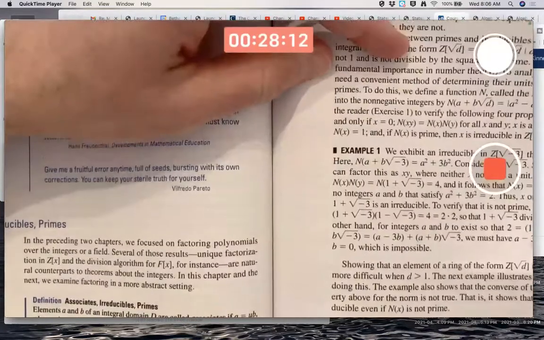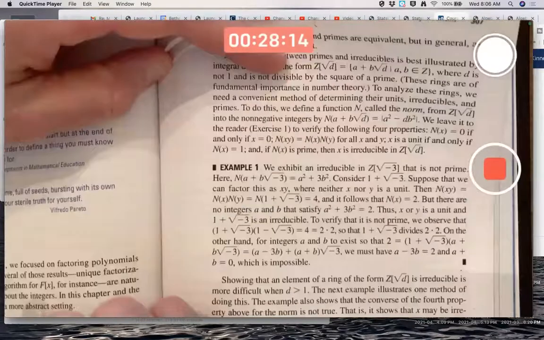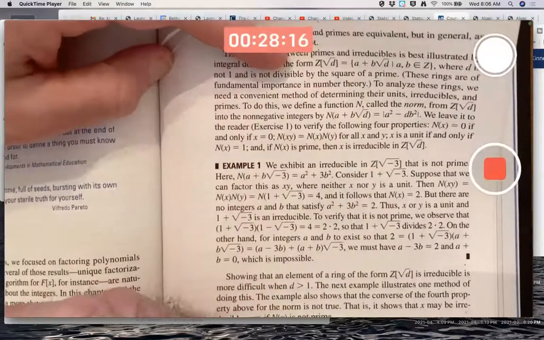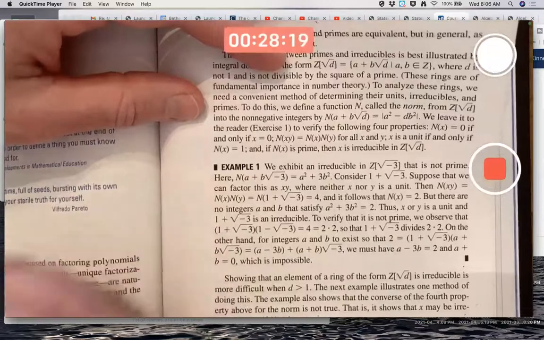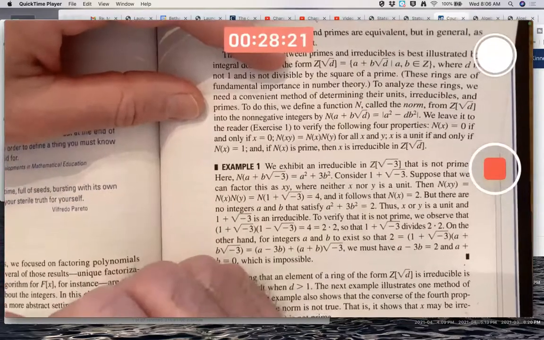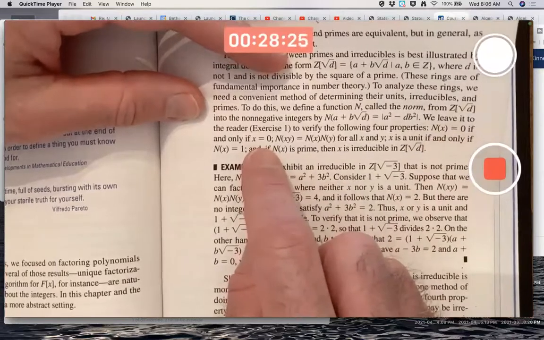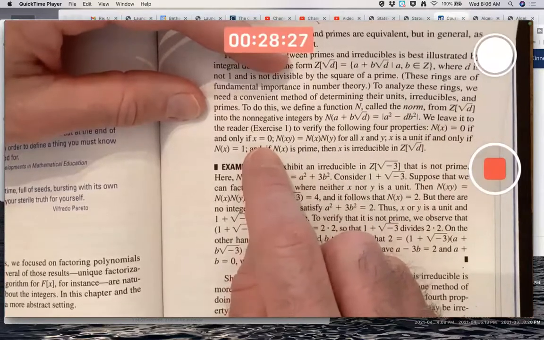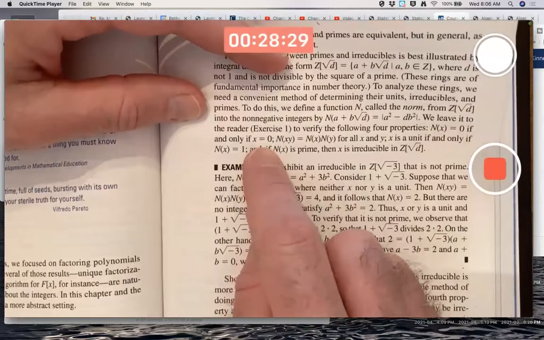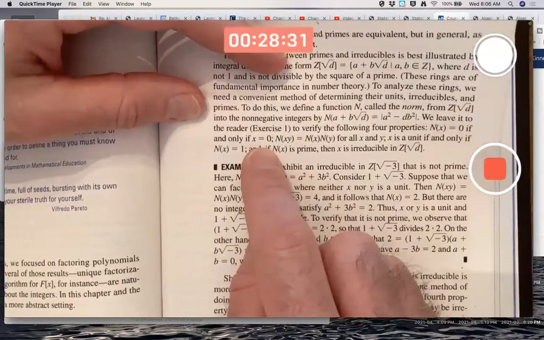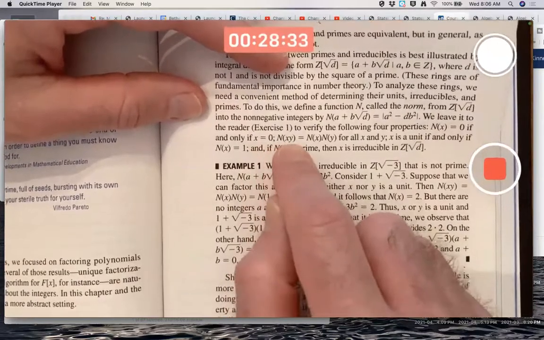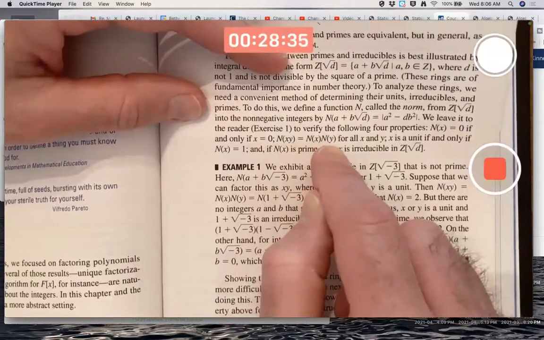This norm function has properties that are key to using it to prove things. One property is that it equals 0 if and only if the element is the number 0, if and only if a and b are both 0. N of xy is n of x times n of y.